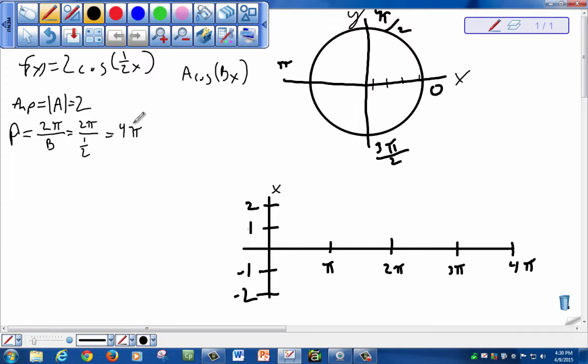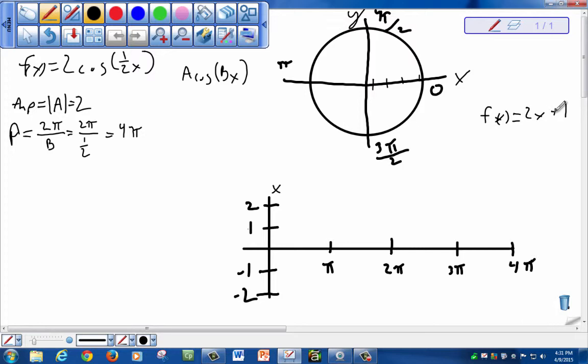In this case it's 4 pi, so that means the graph of this function is going to be 4 pi long, and after 4 pi it's just going to start repeating itself. And it's important to view these functions as you would a linear function. For example, f of x equals 2x plus 1.